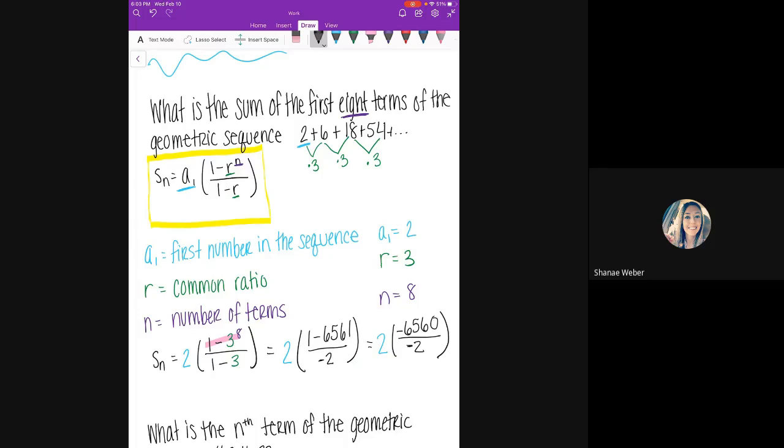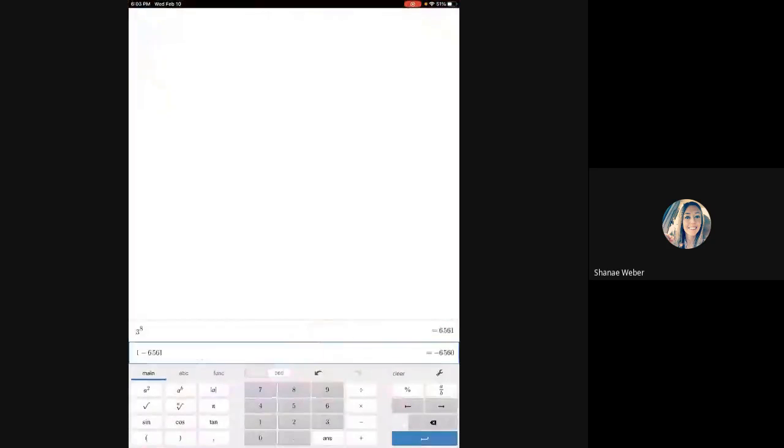Now we can simplify what's in parentheses. So negative 6,560 divided by negative 2. I don't know what that is, so let's put it in our calculator. Negative 6,560 divided by negative 2, we get positive 3,280.